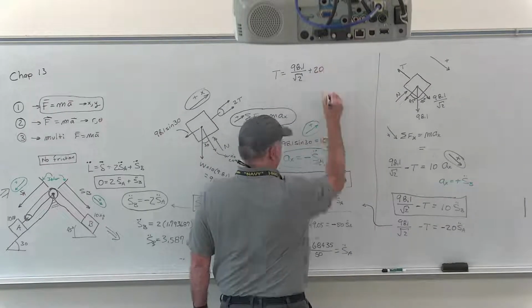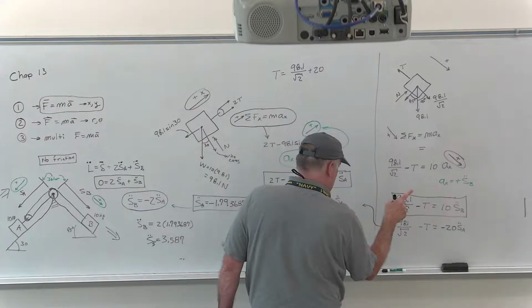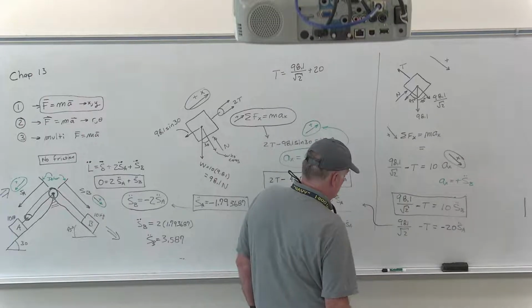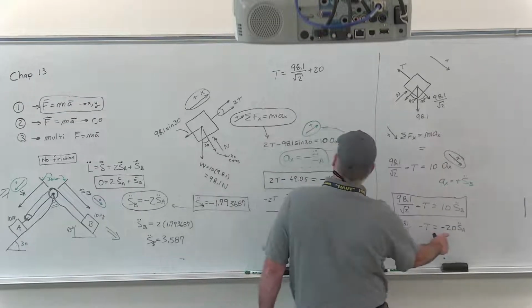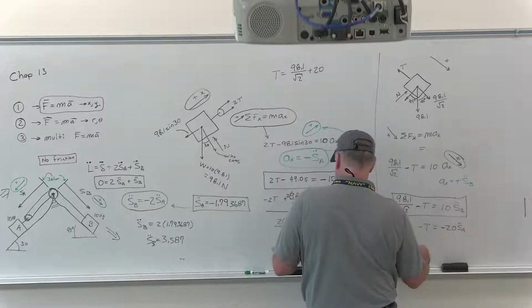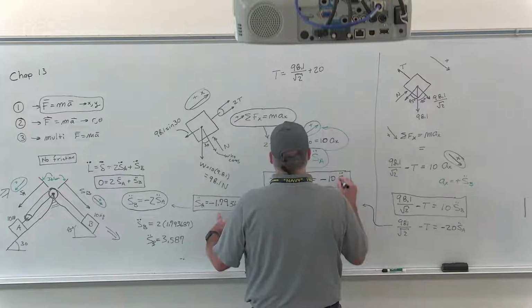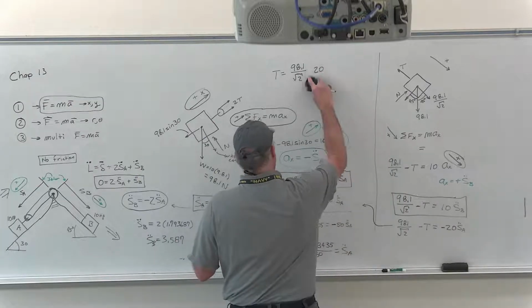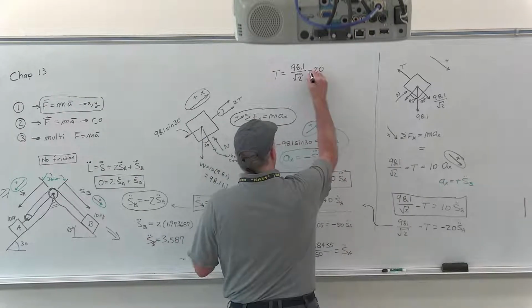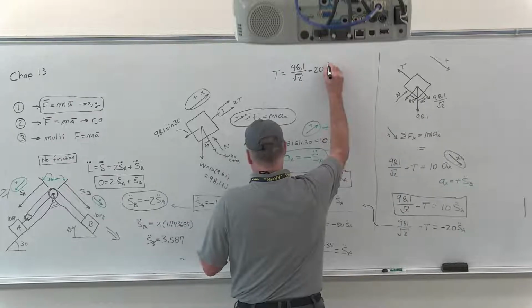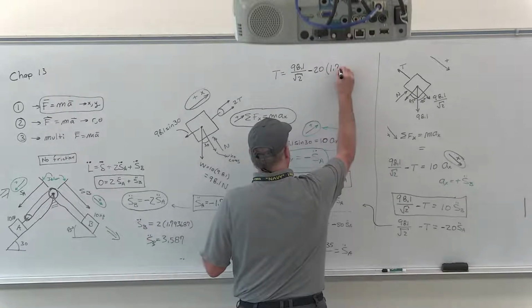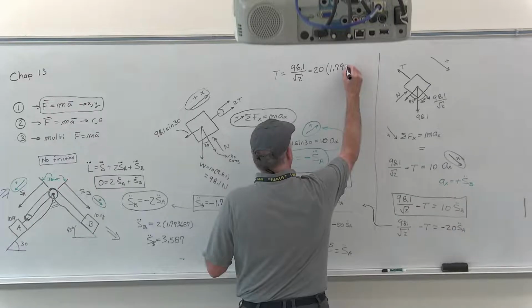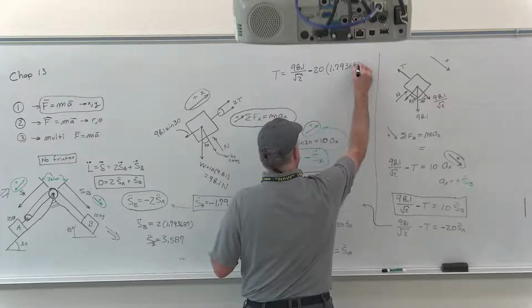plus 20 times SA. Wait a minute, I've already written the 20, so I'm going to bring the SA over, and then it becomes a minus. Okay, minus 20 times 1.793687.